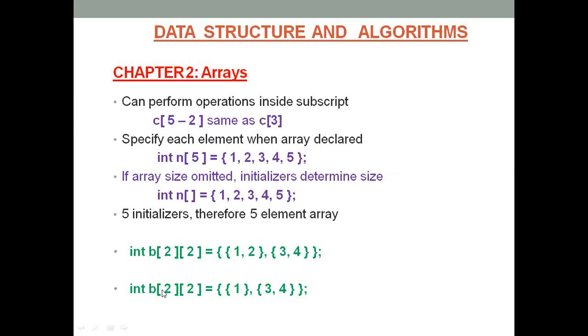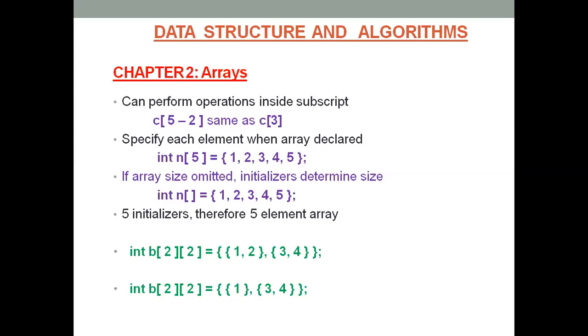And here the first row has a 2, but only the value 1. So the next one will be considered 0 automatically, because we don't have a value here. The program will automatically consider the value as 0. In the second row, you have the values 3, 4.